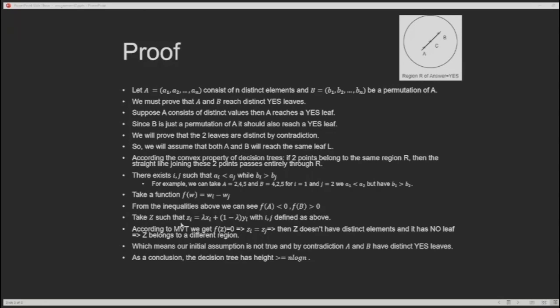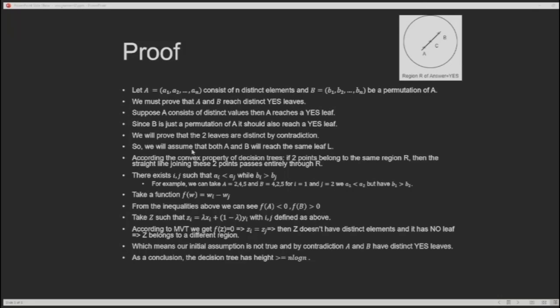If we take z such that z is a linear combination of A and B with i and j defined as above, then according to the mean value theorem, f of z will be 0. Then zi is equal to zj. Then in this case, z doesn't have distinct elements, and then it has a no leaf, which means that z belongs to a different region, which contradicts what we have seen before.